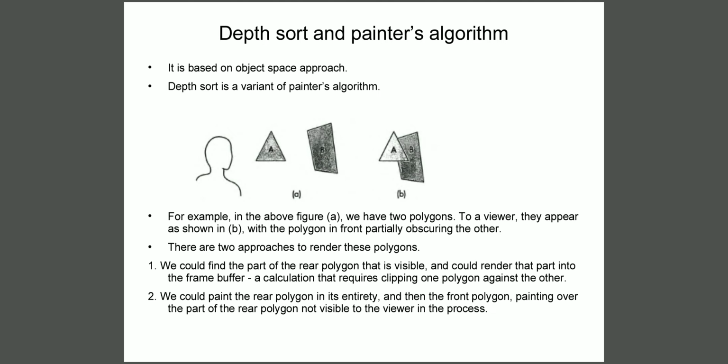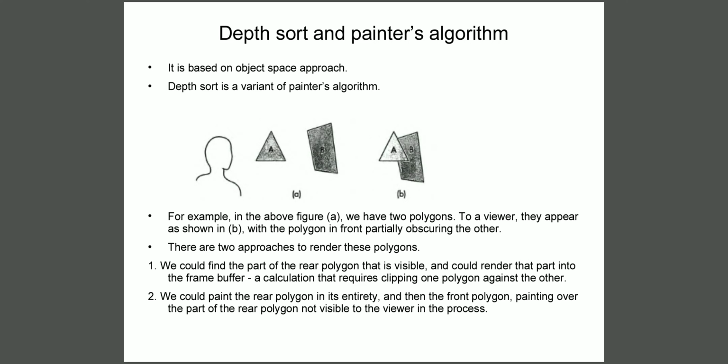Without using painter's algorithm, if we try to display these polygons on an output screen, then there are two options. The first option is, we can calculate how much part of polygon B is visible to a user, and then we can display that polygon, and the remaining complete part of A needs to be displayed. To calculate which part of polygon B will be displayed on an output screen, we need to perform some calculations. That is the first option.